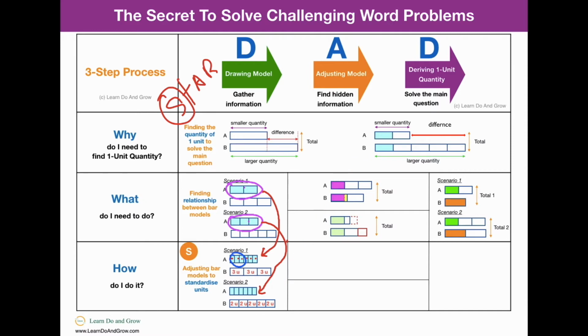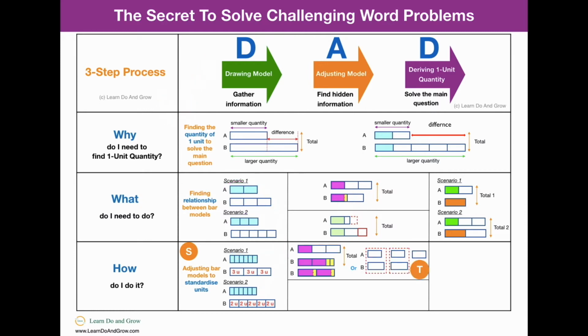What about the other type, which is this type? If you look at the hint over here, you see that part B, 1 unit of B is equal to 1 unit of A plus 1 extra thing, which I highlighted in yellow. So in that case, the whole model can be redrawn as this: 1 unit, 1 unit, 1 unit.